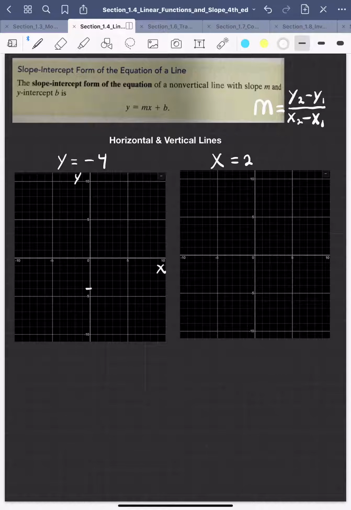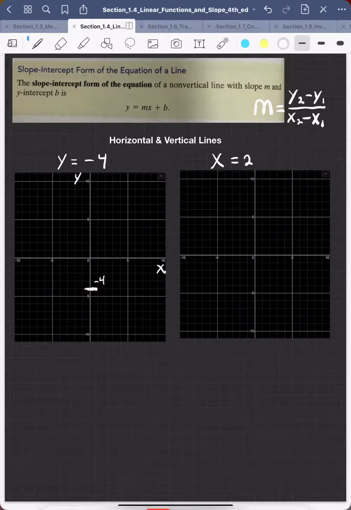And if my eyesight is doing me justice, then right here would be when y is equal to -4. But wait a minute, if y always equals -4, if x is 0, y is -4. If x is 10, y is -4. If x is -10, y is -4. If you start to connect these dots, you see how a horizontal line forms.